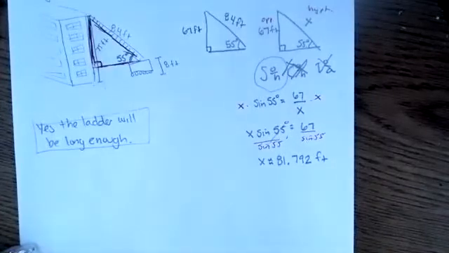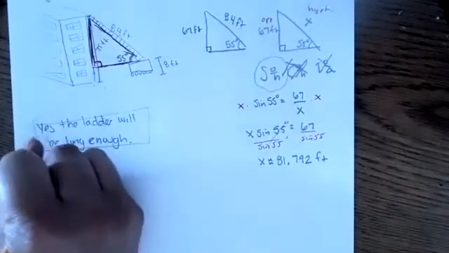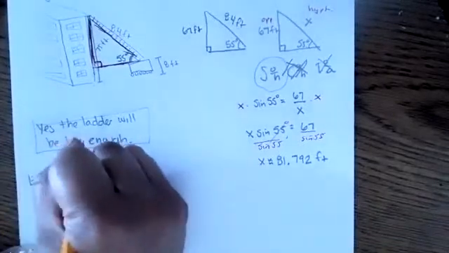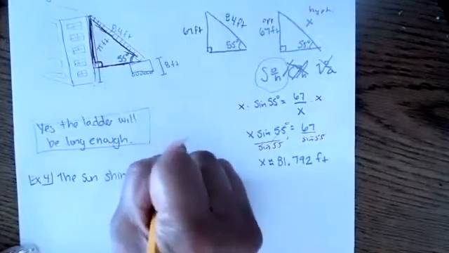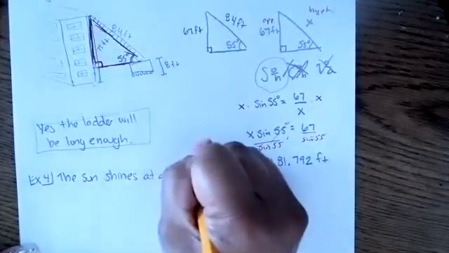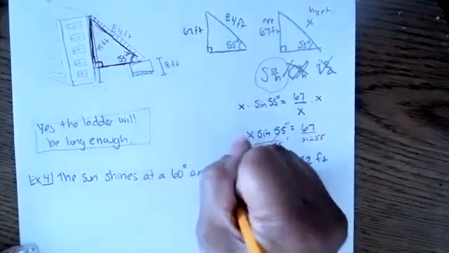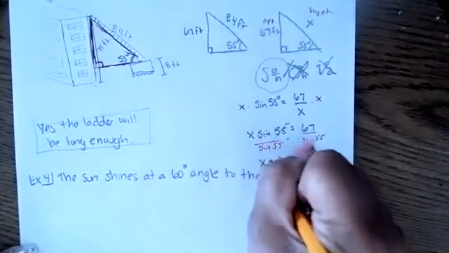Let's do another word problem. The sun shines at a 60-degree angle to the ground.